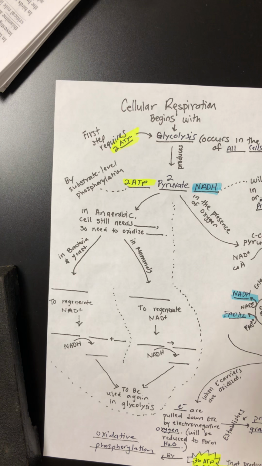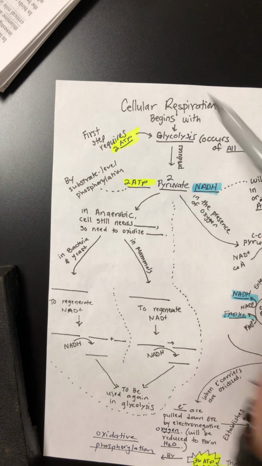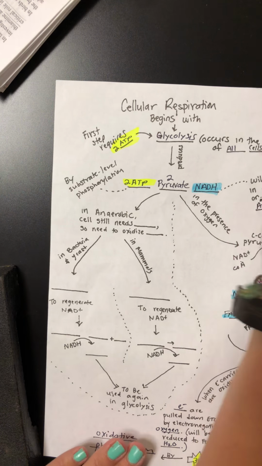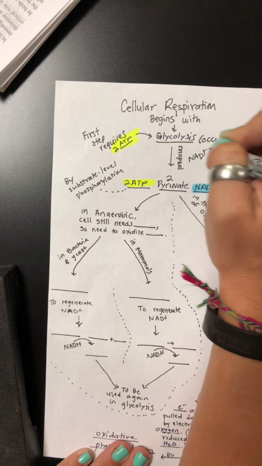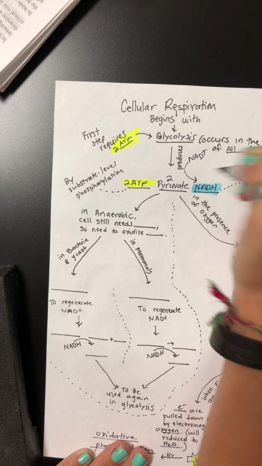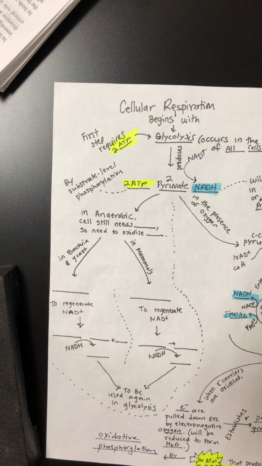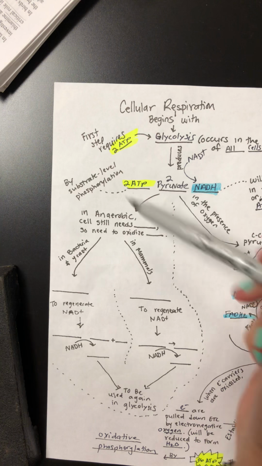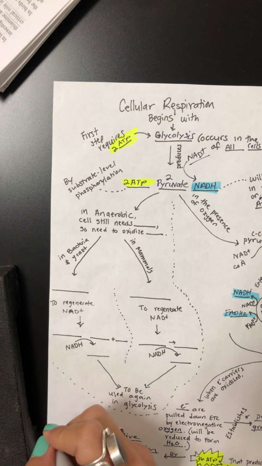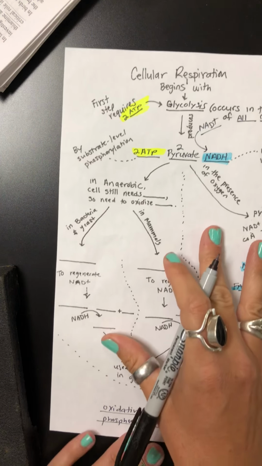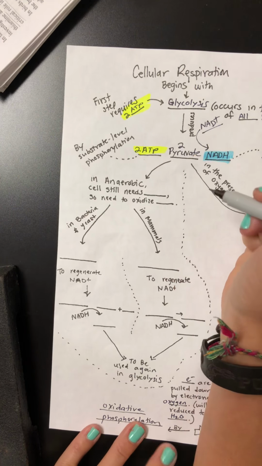So at least temporarily, this organism will do what we call fermentation in order to continue glycolysis happening, because glycolysis needs NAD plus, which will be reduced to NADH during glycolysis. So in order to keep glycolysis going in anaerobic conditions, we need to make sure we don't ever run out of NAD plus. So therefore, here we can go to the fill in the blank section.